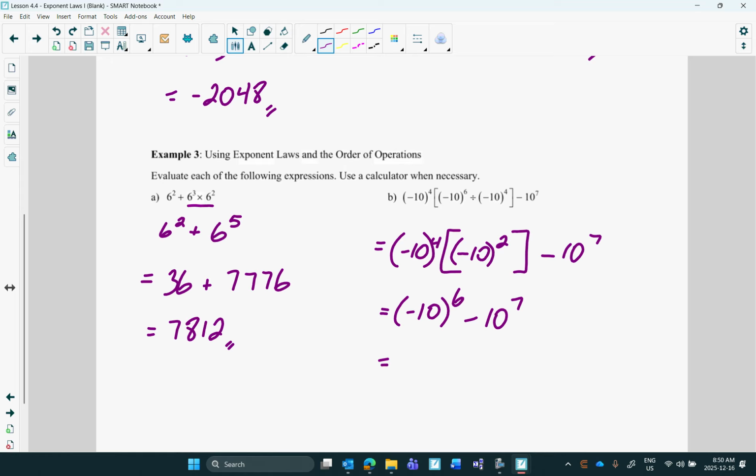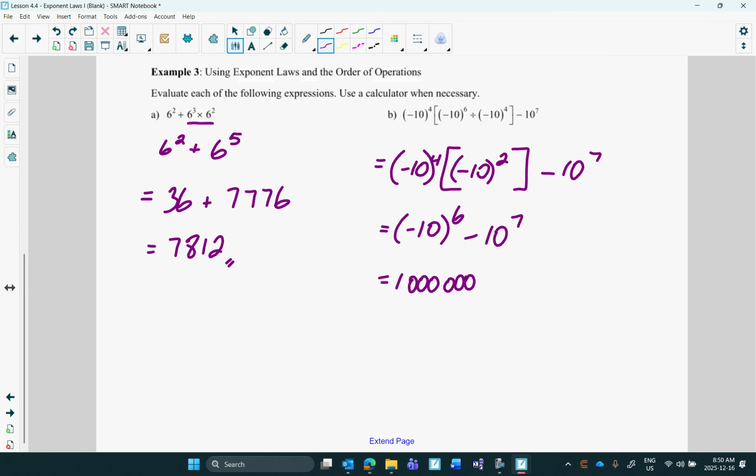Although you guys know how to do powers of 10 without a calculator. This would be positive because we're multiplying 6 -10s together. And it would give us positive 1,000,000 because it'd be a 1 and 6 zeros. Minus, well, we could do this in our head.